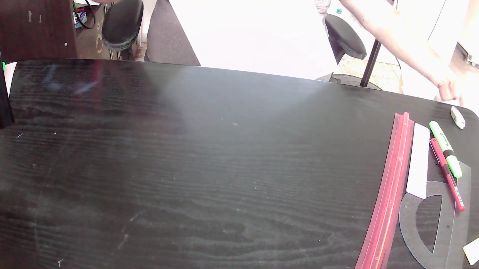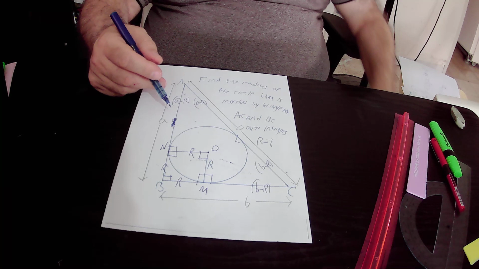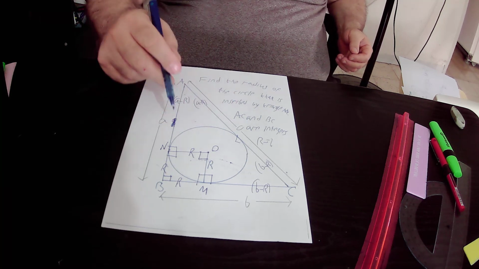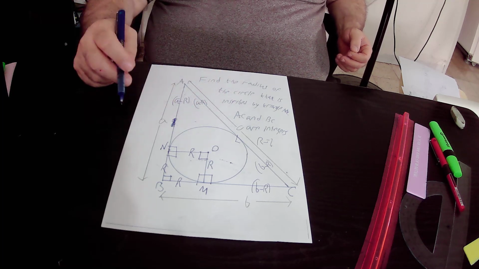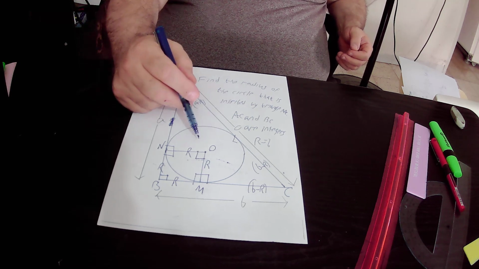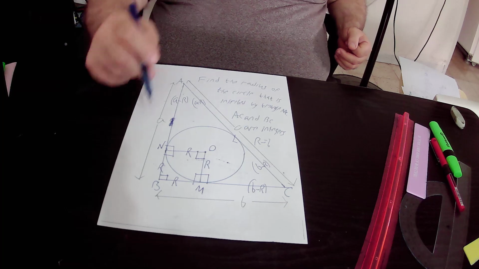Here, the right triangle ABC could be any triangle. Inside this right triangle ABC, we have a circle inscribed in it, and we'll find the general formula for the radius of this circle, and we'll apply this formula to our two triangles.